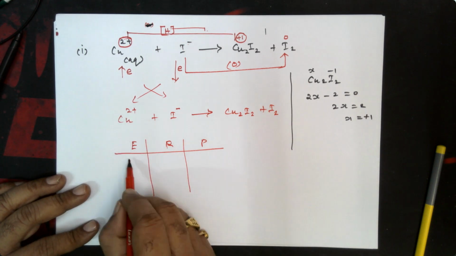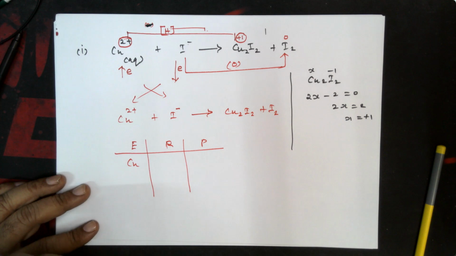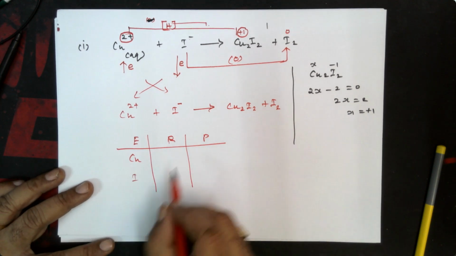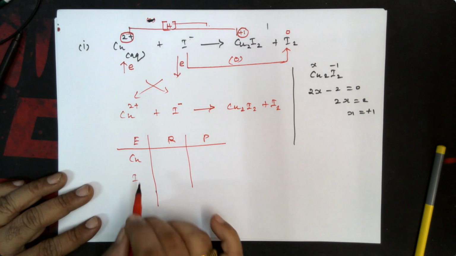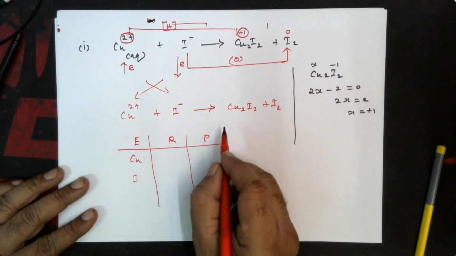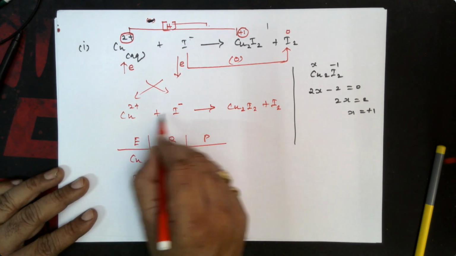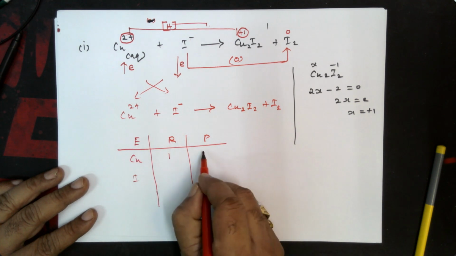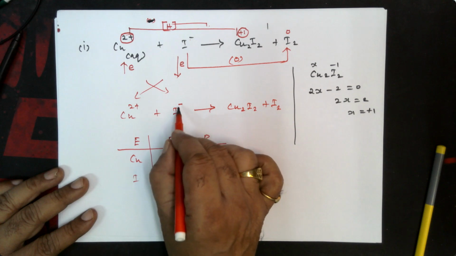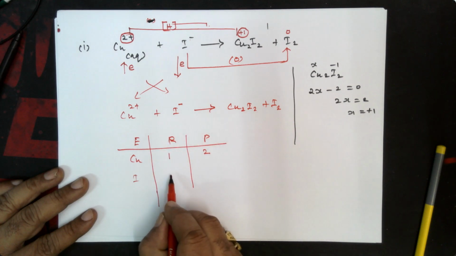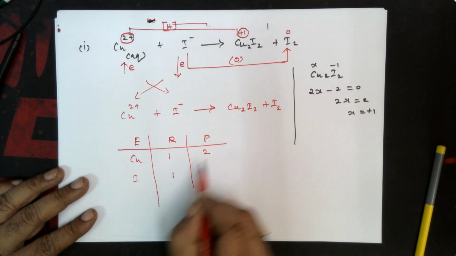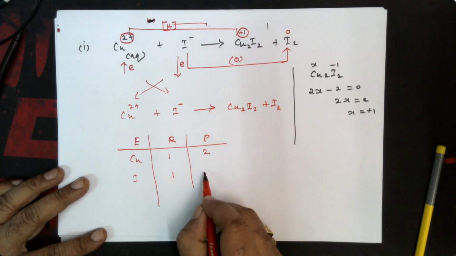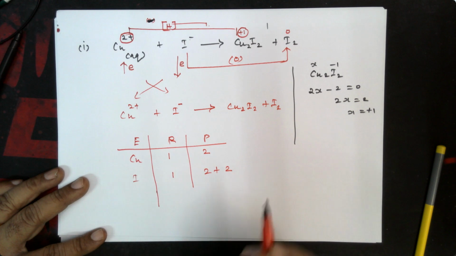The main metal cations are Cu, and what about this? Iodine, and that's all. So Cu and I only. On the reactant side, how many copper? 1 copper. Product side, 2 copper. On the reactant side iodine 1, and on the product side how much? 2 plus 2. You have to write like this, 2 plus 2.